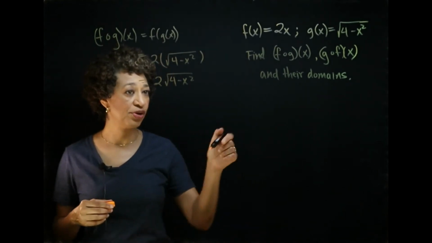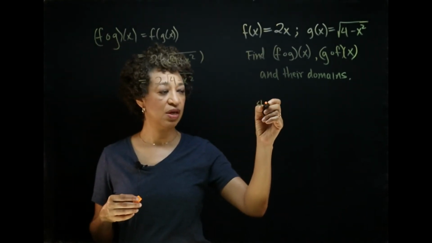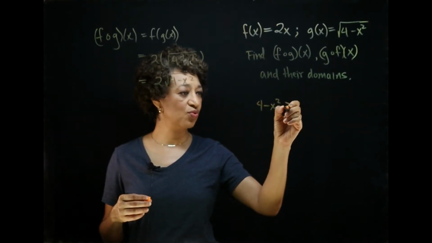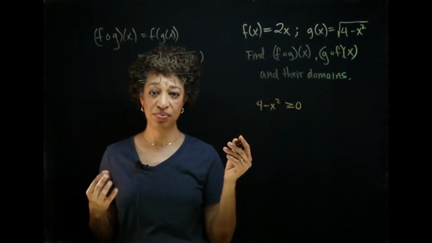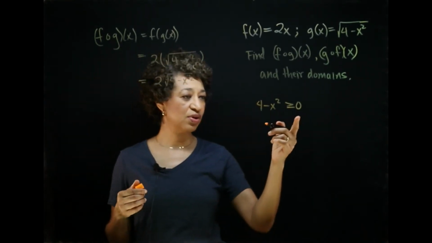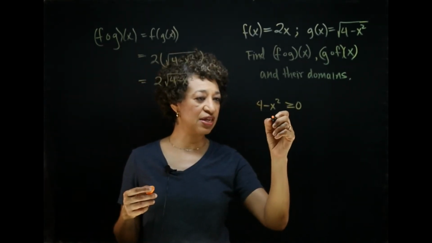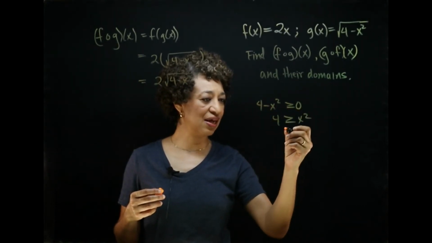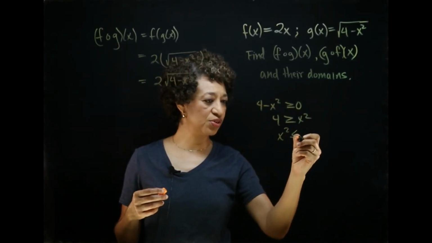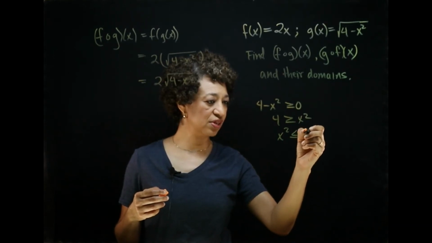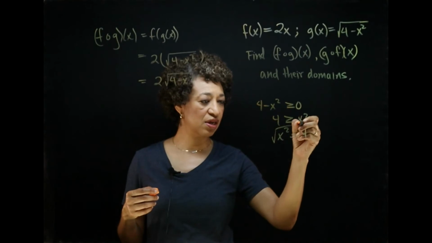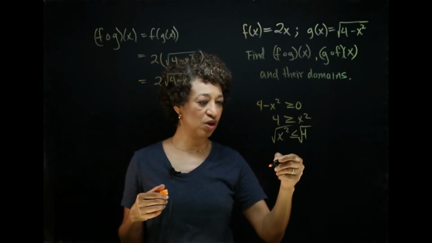So I'm going to go over here and do a little work to make sure that what is up under the root sign will be non-negative. So here's my little work. I'm going to solve this inequality. I'll move the x squared to the right hand side, and let me just switch the order to make it more conventional looking. Okay, we need to take the square root of x squared to get rid of that, square root on both sides.